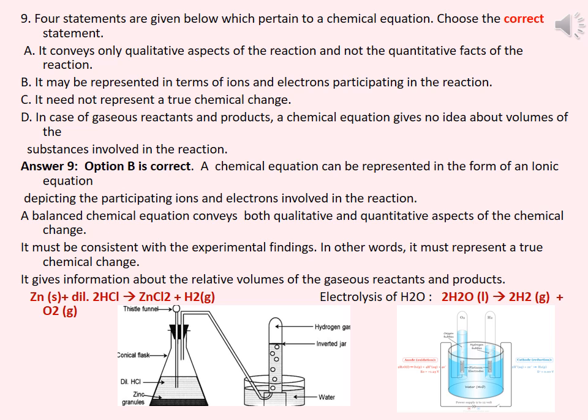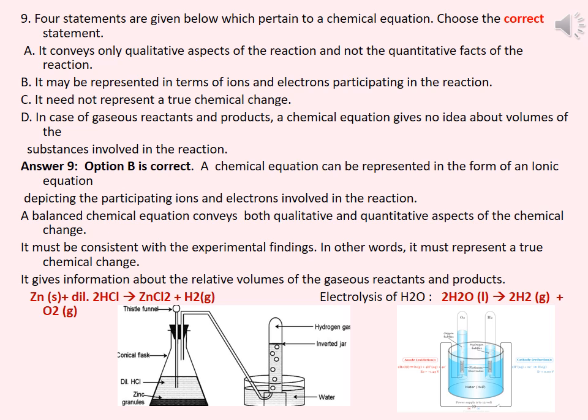What does it mean? Any reaction which is not taking place also can be represented by a chemical equation, which is incorrect. We generally write a chemical equation for a chemical reaction which is occurring.